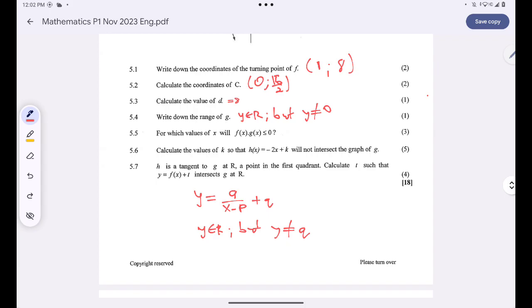And then if they ask you about the domain, simply say x is an element of real numbers, but x cannot be equal to p. That's how you deal with range and domain when it comes to a hyperbolic function.